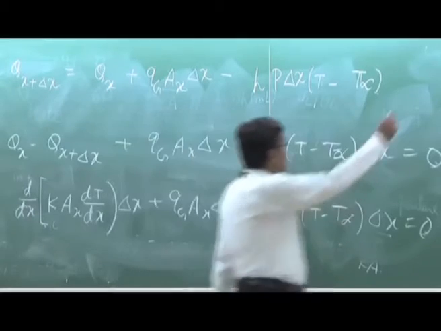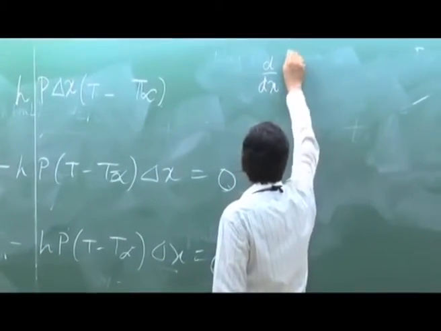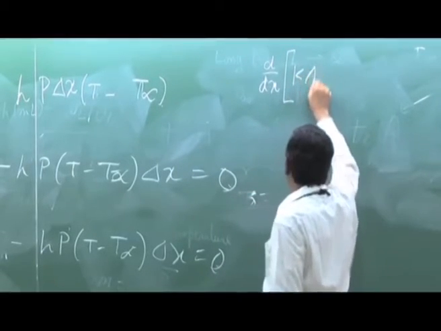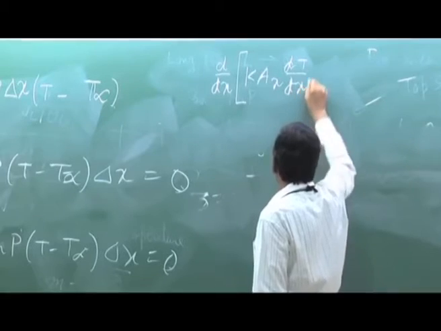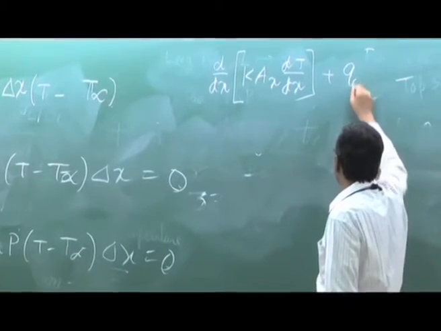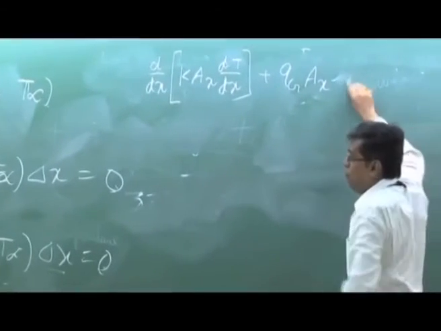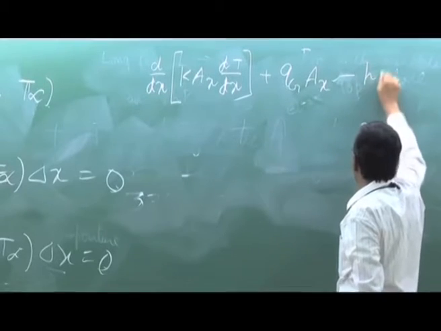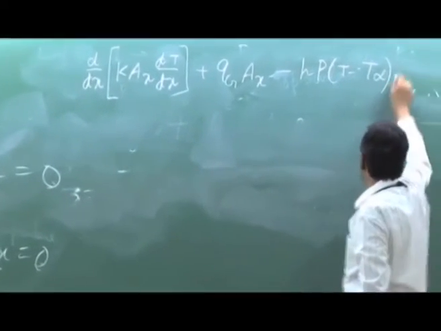Or we can write again this thing that d/dx of k Ax dT/dx plus Qg Ax minus hP (T minus T infinity) is 0.